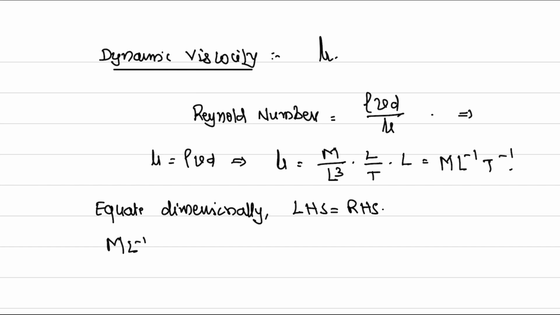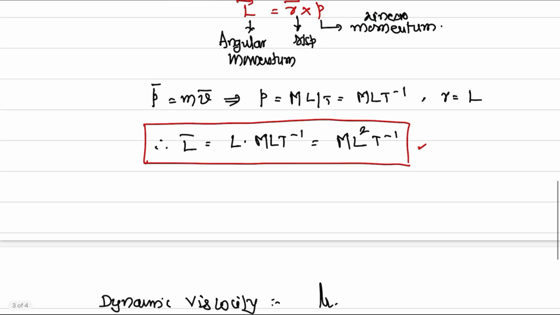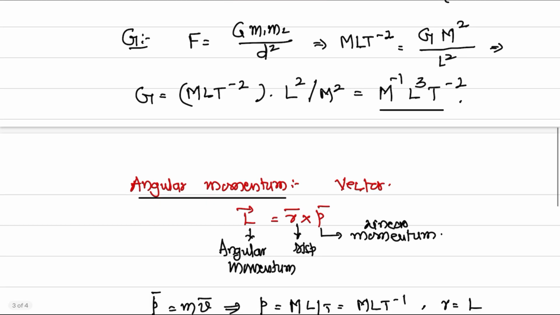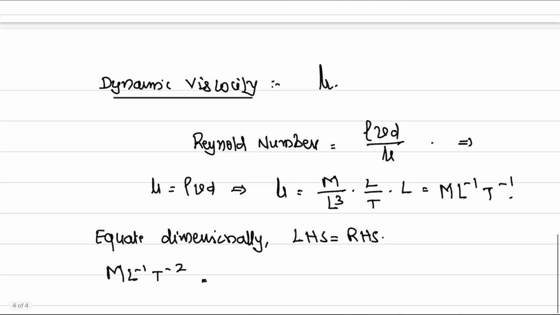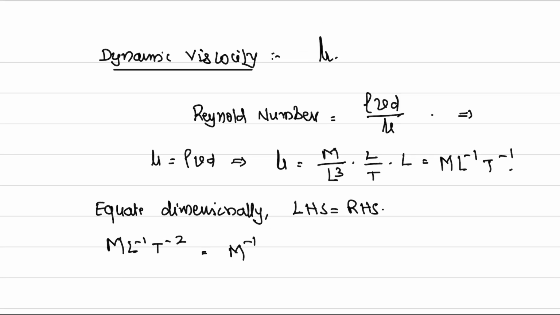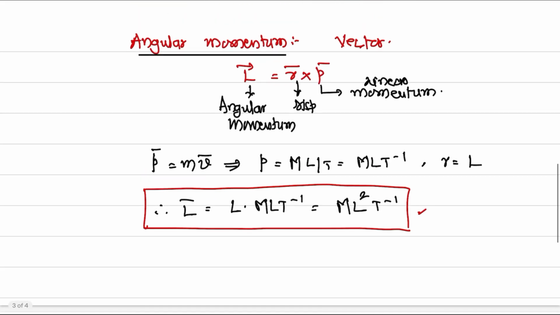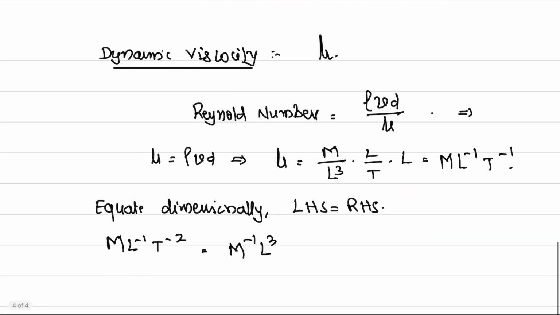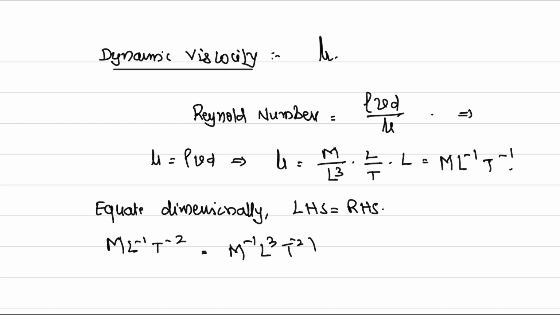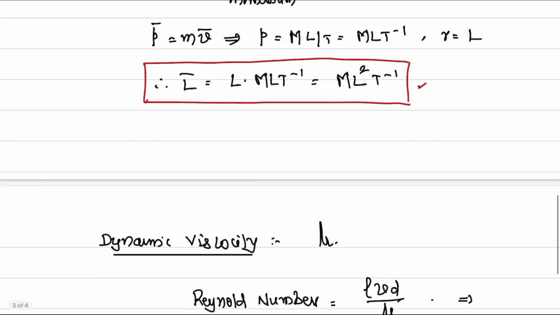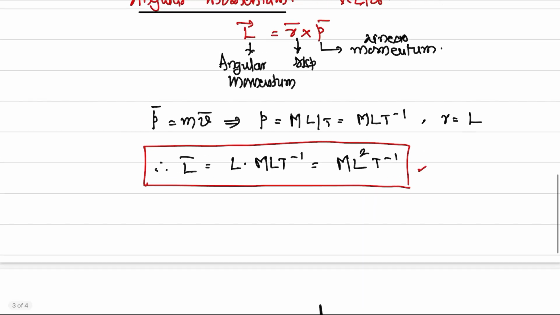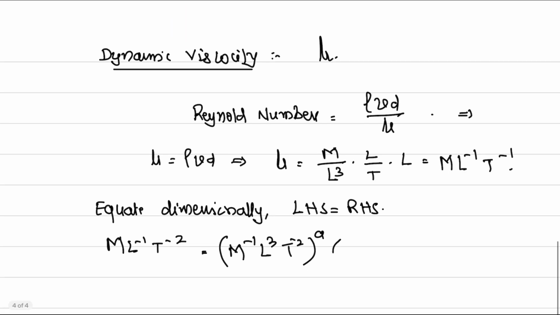M L to the power of minus 1 T to the power of minus 2 is equal to G. What is the value of G? M to the power of minus 1 L cube T to the power of minus 2, all to the power of a, G to the power of a. Then angular momentum M L square T to the power of minus 1, all to the power of b.